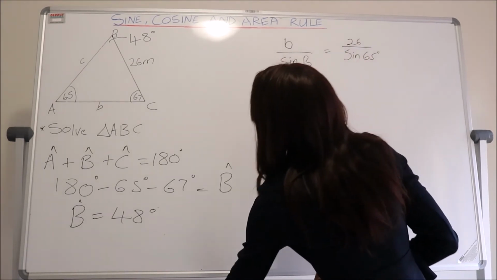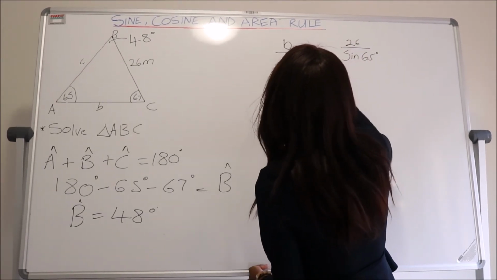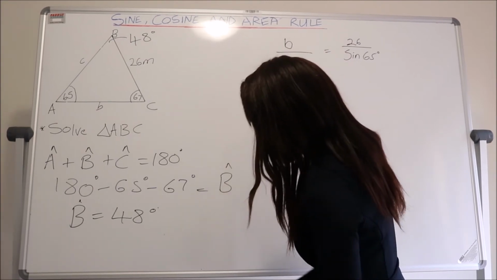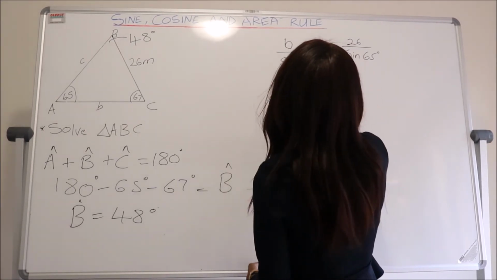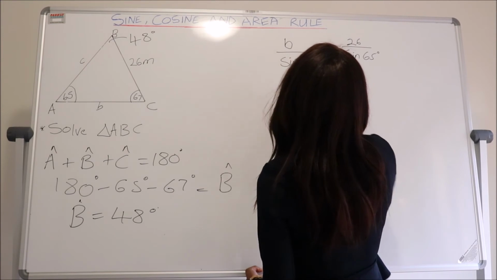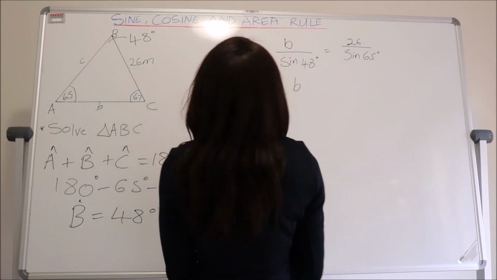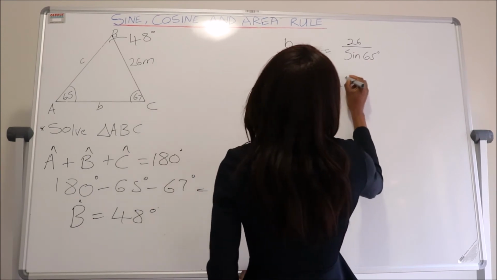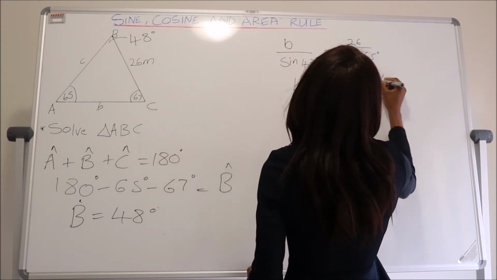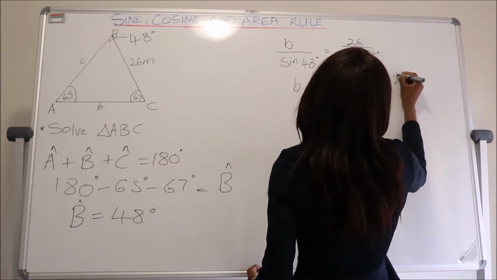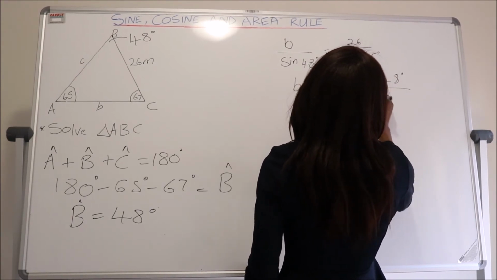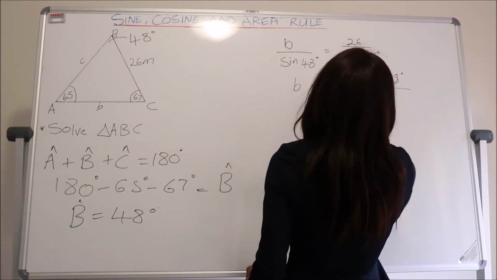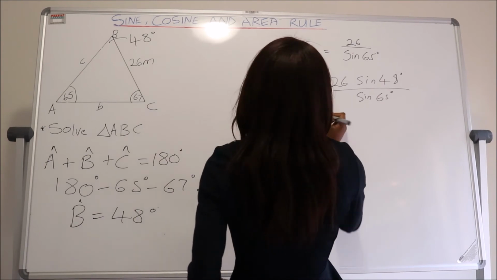Remember that B we already got, it's equal to 48 degrees, so we'll just have 48 degrees there. That means that the side of B, which is the unknown that we're looking for, will be equal to 26 sine of 48 degrees divided by the sine of 65 degrees. Then that will give us the side of B.